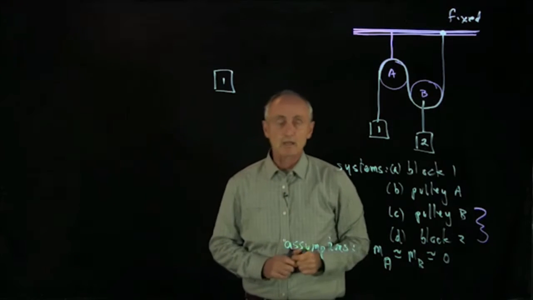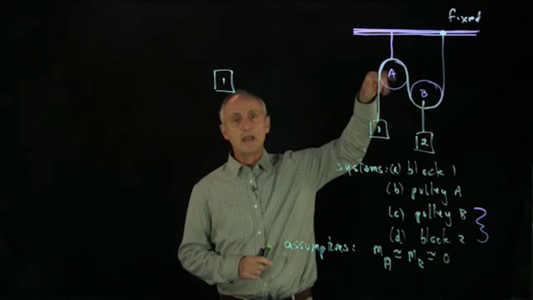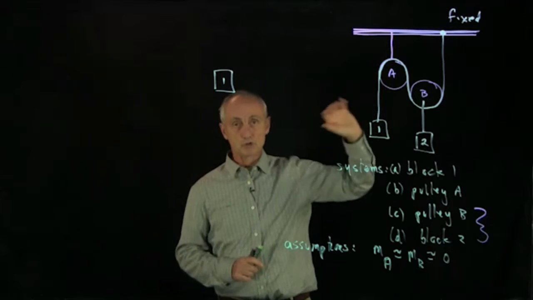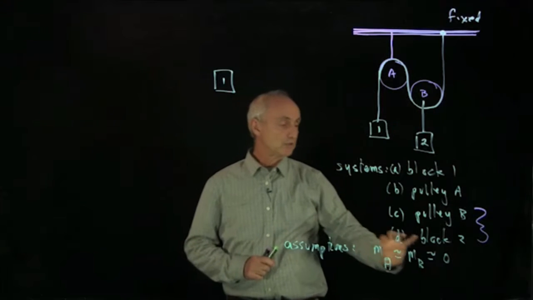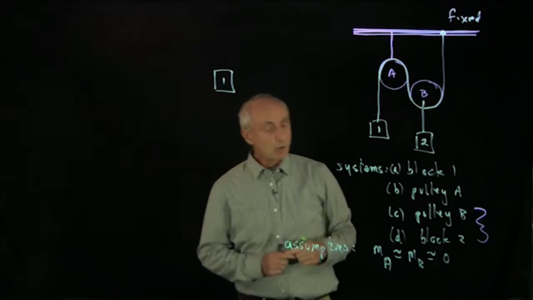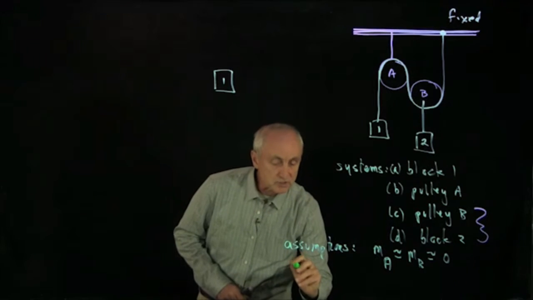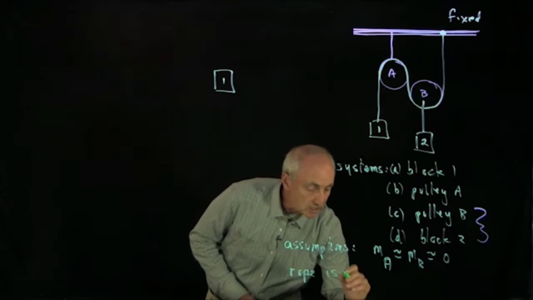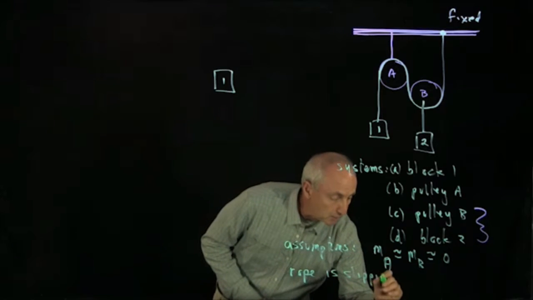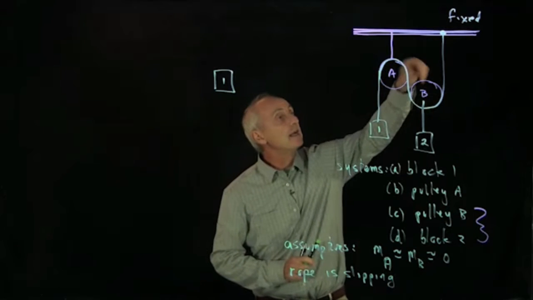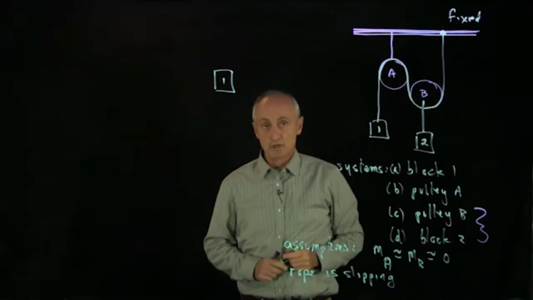Now, the reason for that is that we're not going to consider any of the fact that these objects have to be put into rotational motion. Later on in the course, we'll see that this will give us a more complicated analysis. We're also going to assume that our rope is not slipping. So the rope is just slipping on the pulleys. So what that means is the rope is sliding as the objects move.